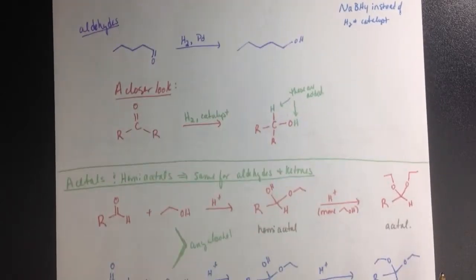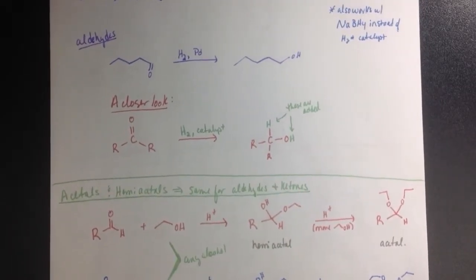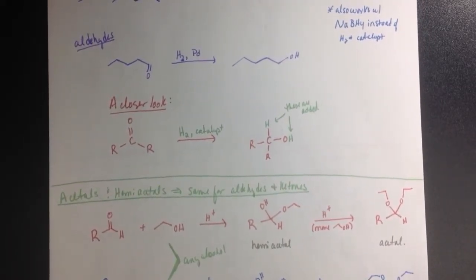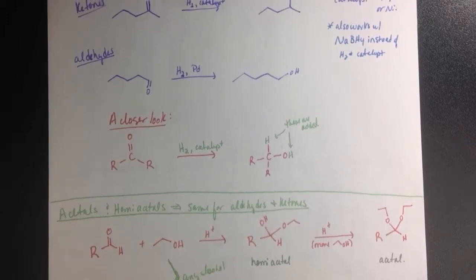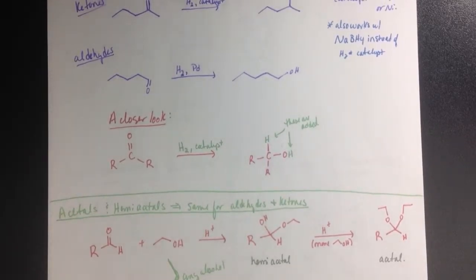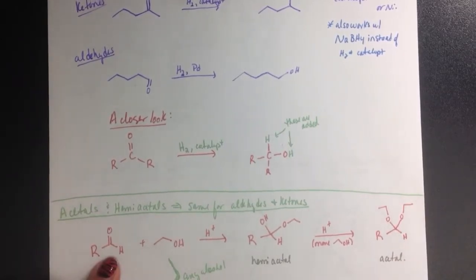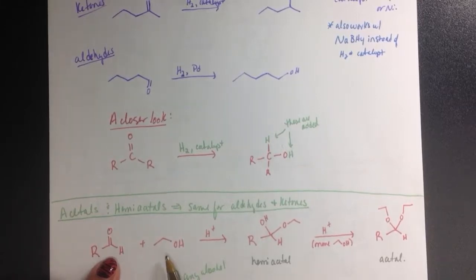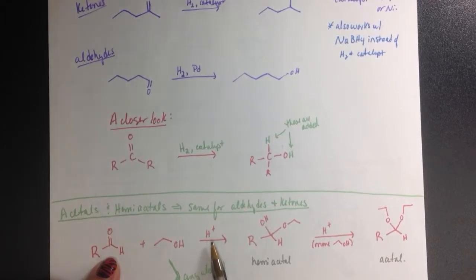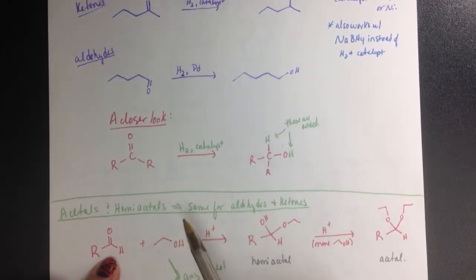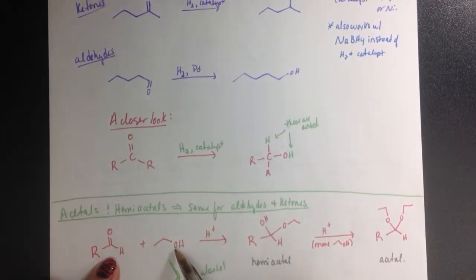Now this gets a little bit more complicated. Acetals and hemiacetals. I'm going to start with this first line only for a reason, because that's really what you need to know. If we have, in this case, an aldehyde, and we're reacting it with any type of alcohol in the presence of an acid, what you get is that this oxygen right here will be attracted to this carbon.